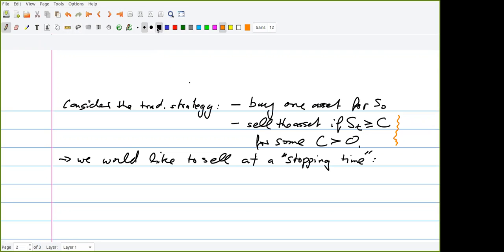So we want to be able to sell at a certain time, which is given by this, let's call it tau, which is the infimum of t in our index set such that S_t is at least C, so the first time the price process goes above the barrier C. Right? If that never happens, so if this set is empty, we set this just to infinity.